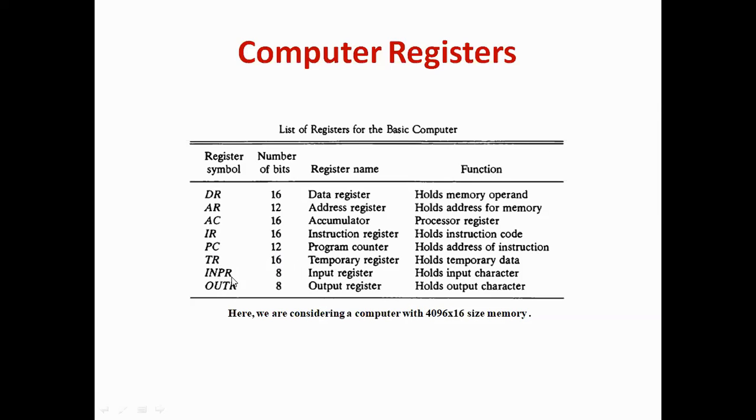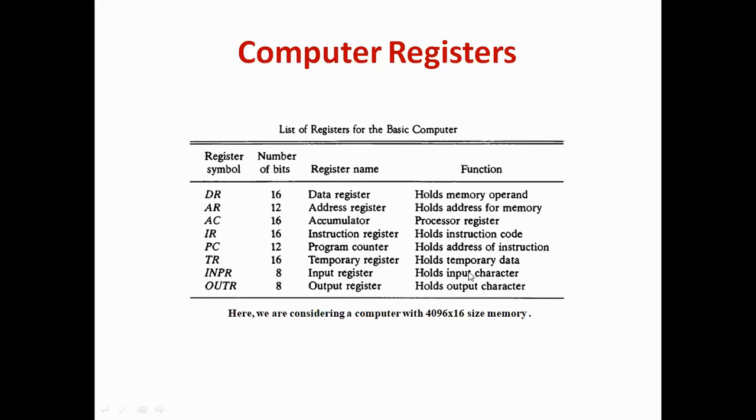And we also have input and output registers inside the processor. These input and output registers take or give data to input and output devices, which obviously will be in character form. So the input register will take one character and the output register will output one character at a time.